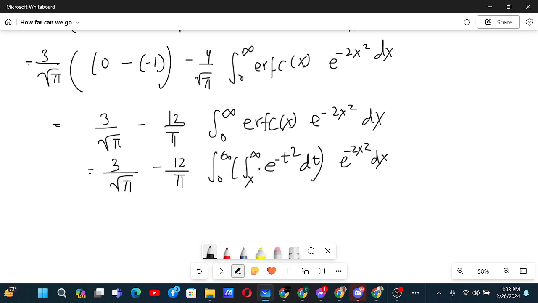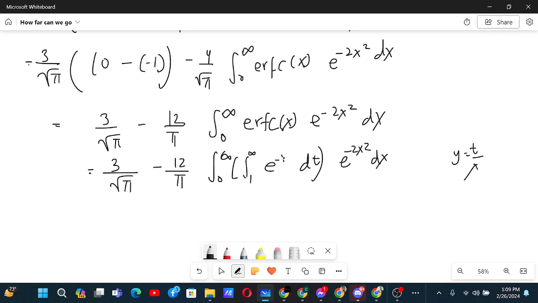Now what we can do is we can let y equals to t by x, and that will help us take the integrals from 1 to infinity. If we do y equals to t by x, let me write it over here, that will change limits from 1 to infinity, and now t will be xy.